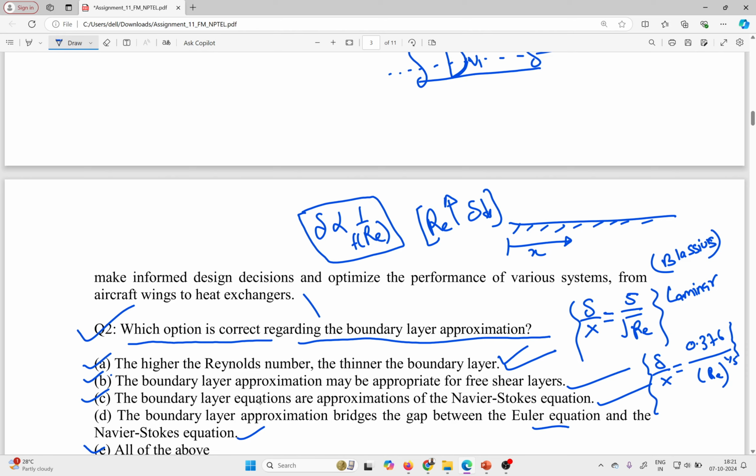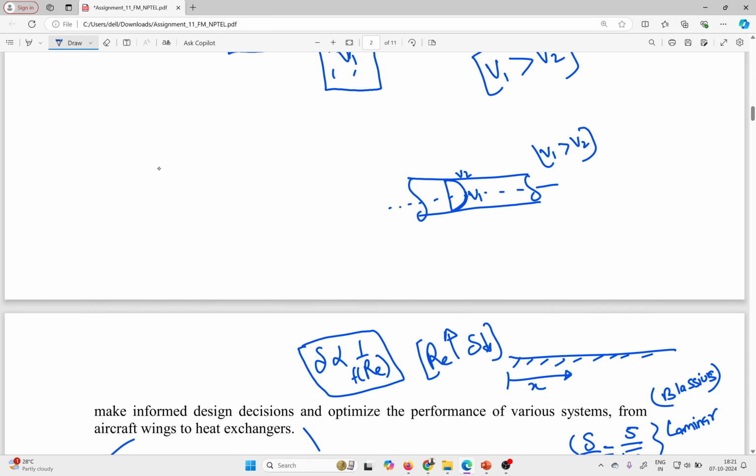Next, boundary layer equations are an approximation of the Navier-Stokes equation. Yes, definitely. The boundary layer approximation bridges the gap between the Euler equation and the Navier-Stokes equation. All options are correct. Why am I talking about the Euler equation and the Navier-Stokes equation? Because in the Euler equation we do not consider the shear force.